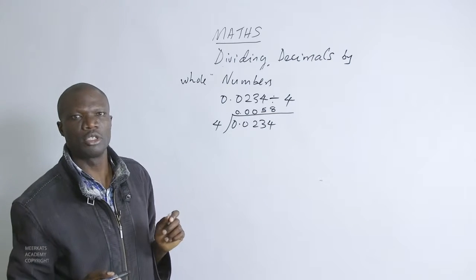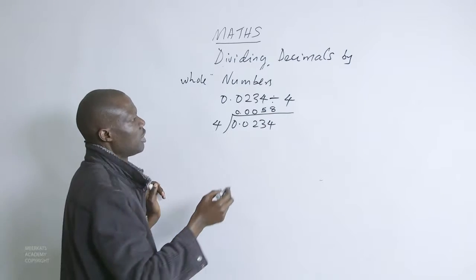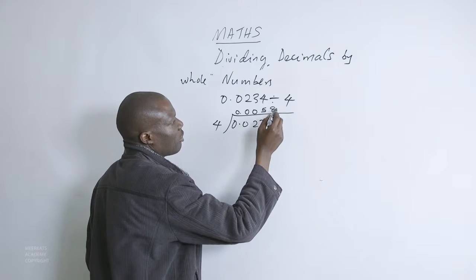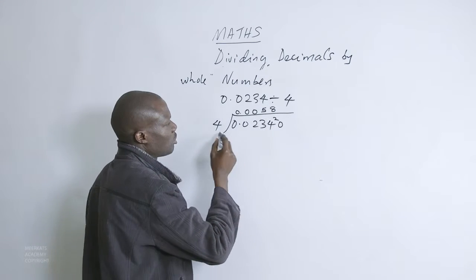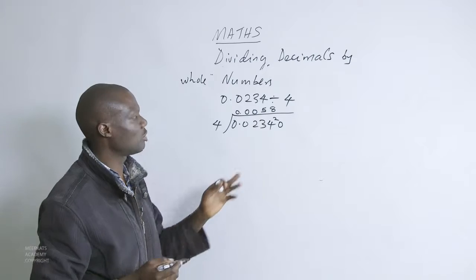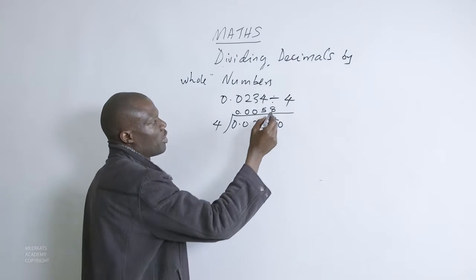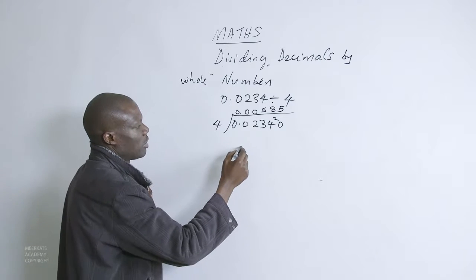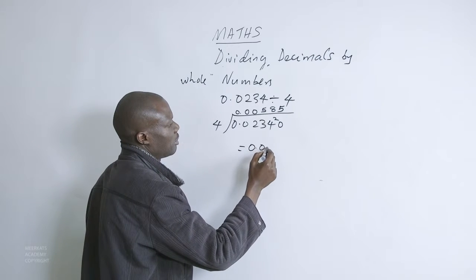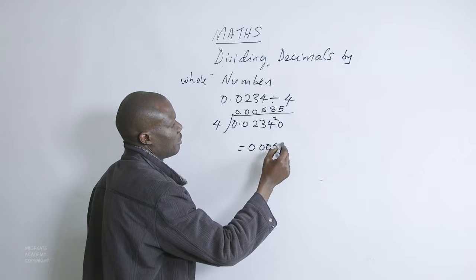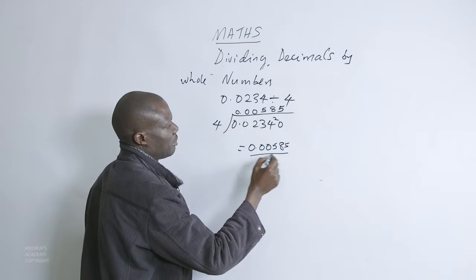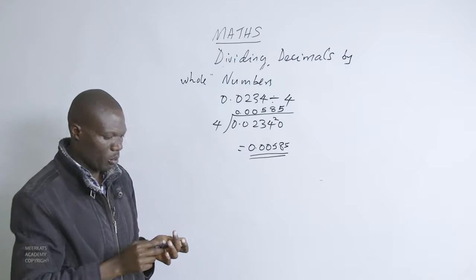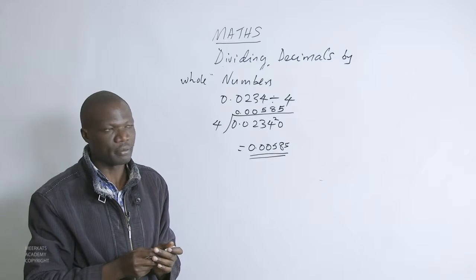That is 32, remainder 2. Now, the 2 remaining, we shall bring a 0 because we need to terminate the division. So we have 20 divided by 4 gives us 5. So our answer becomes 0.00585.